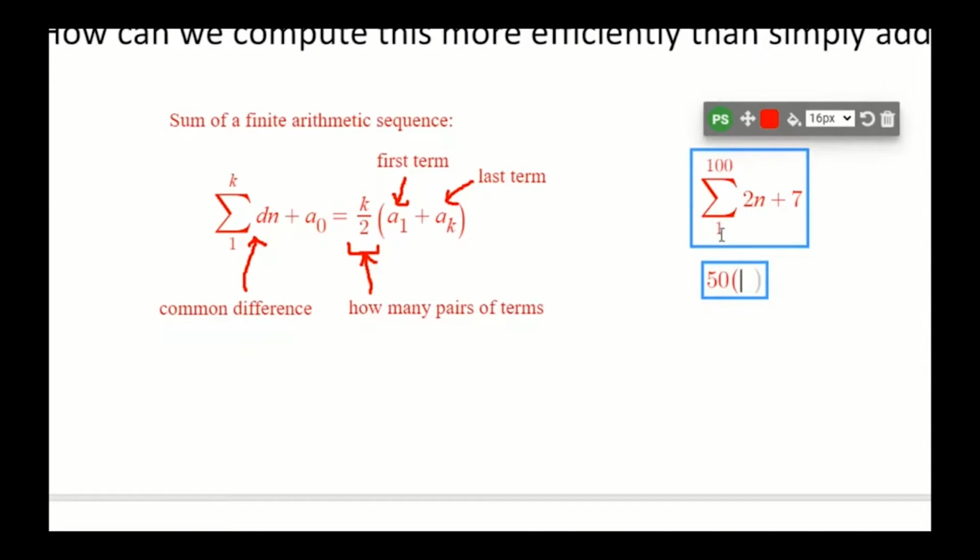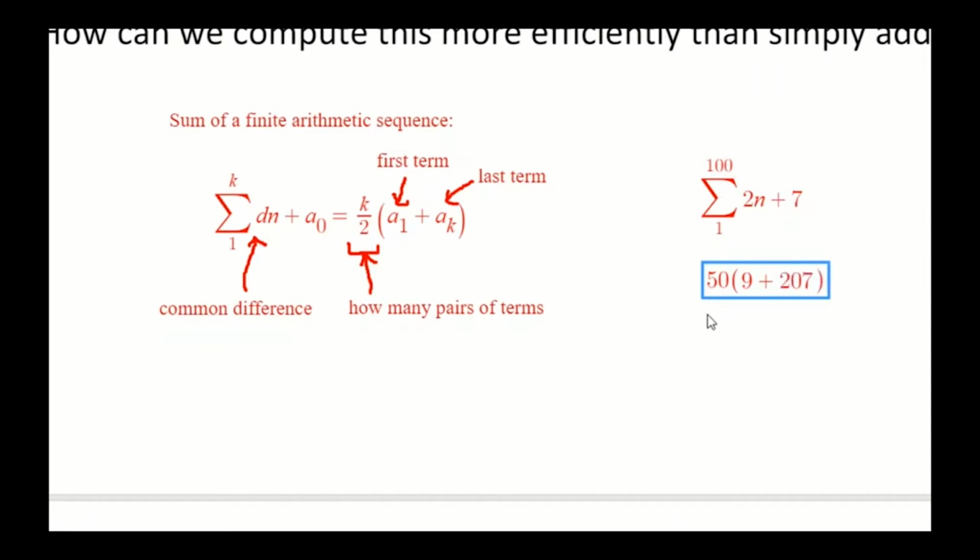If I plug in 1, I get 2 plus 7 is 9. If I plug in 100, I get 200 plus 7 is 207. Then I add these up and multiply: 9 plus 207 is 216, and 216 times 50 is 10,800. So if you have that formula, it becomes pretty easy to compute these sums.